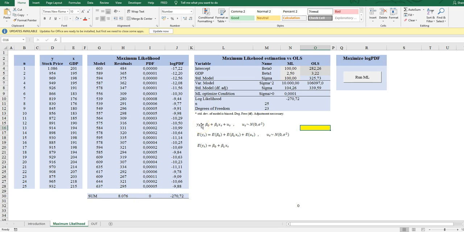The stock price is equal to a parameter beta 0, the constant, plus beta 1, which is equivalent to the slope in this relationship, times x_t, which is the GDP, plus a normally distributed, zero mean random noise that is uncorrelated through time.